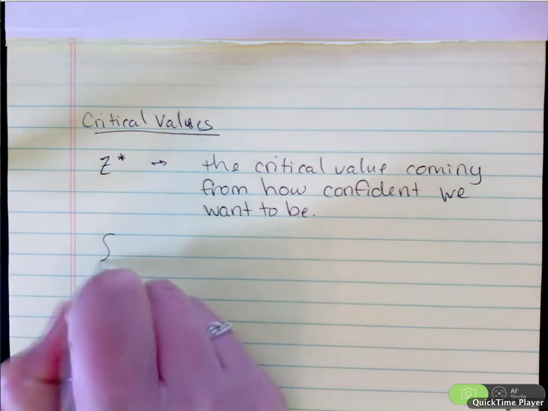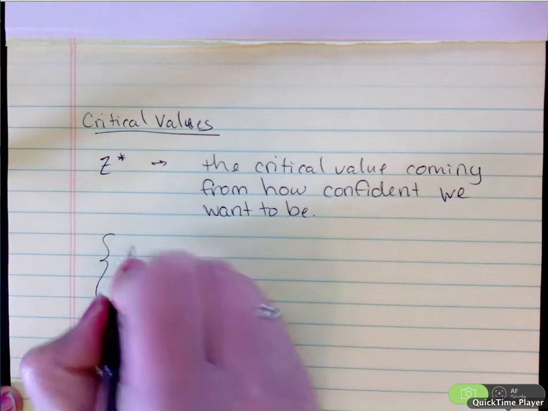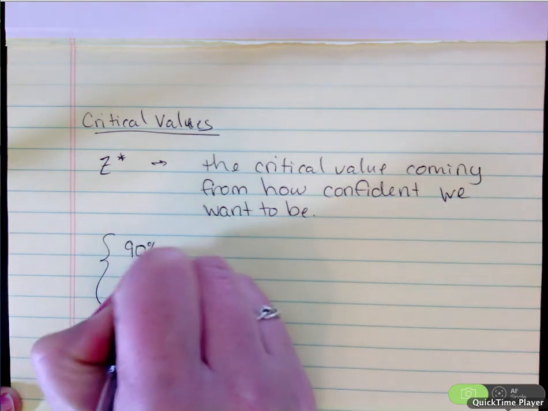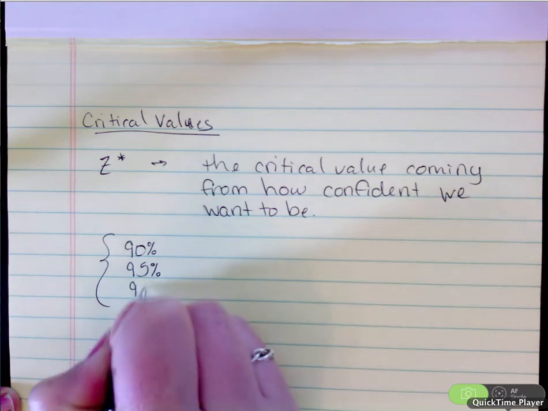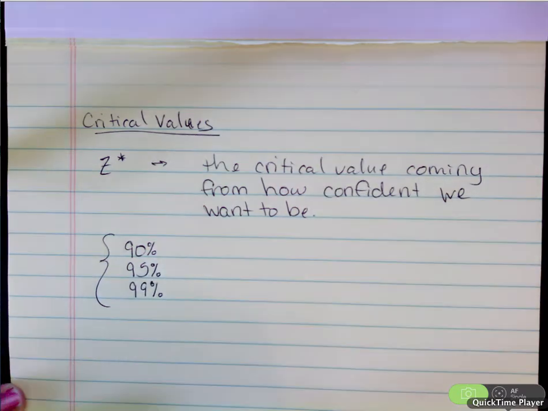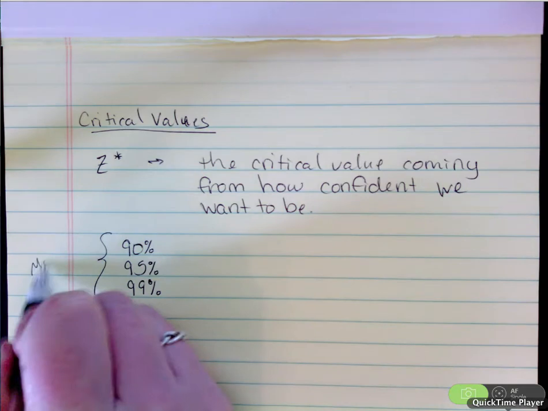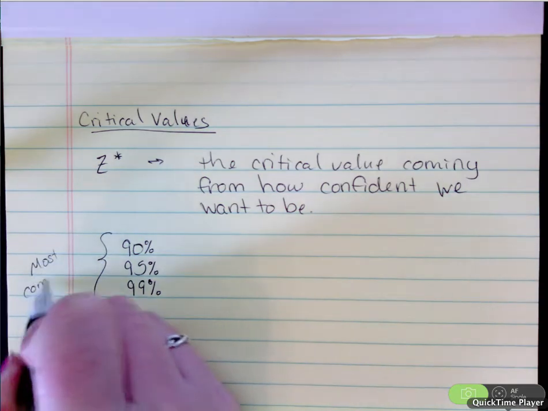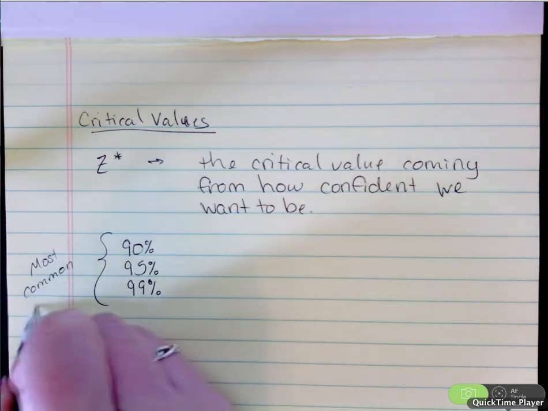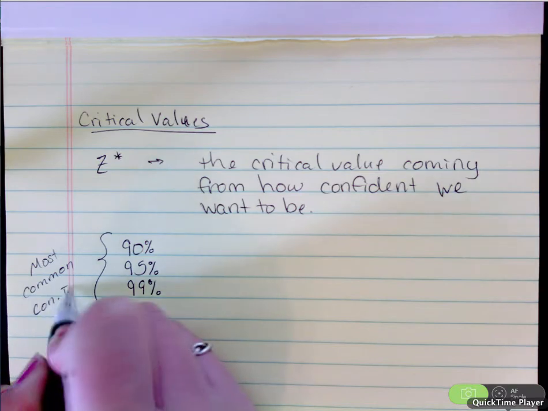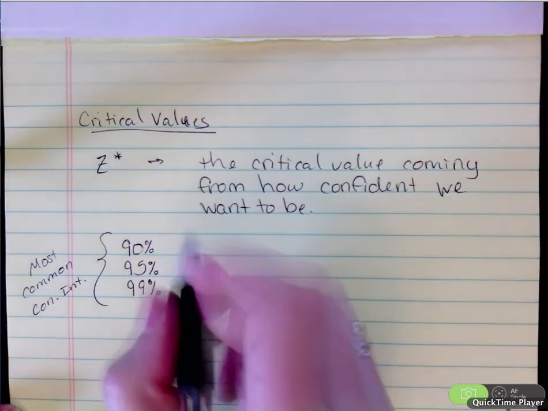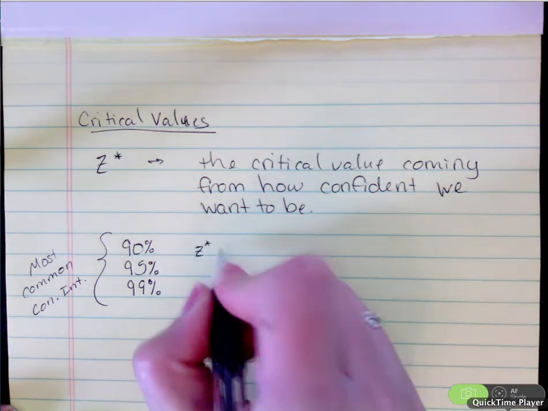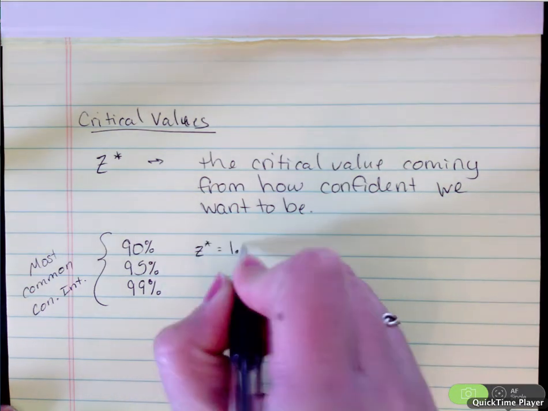There are 3 specific ones that you have the possibility of running into: 90%, 95%, and 99%. These are the most common confidence intervals, and each one of those has a particular critical value associated with it.